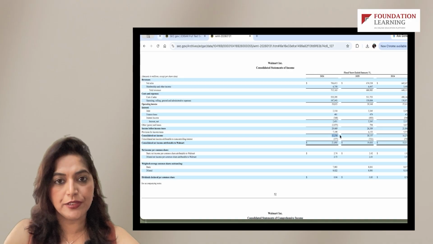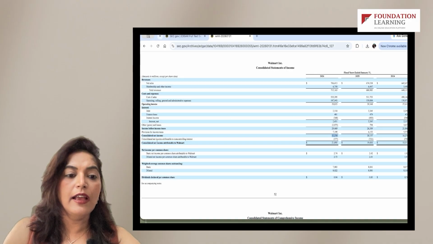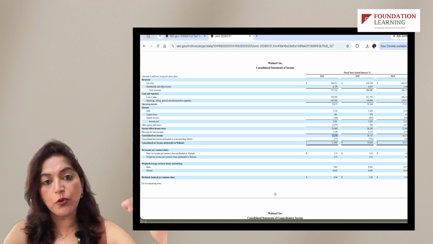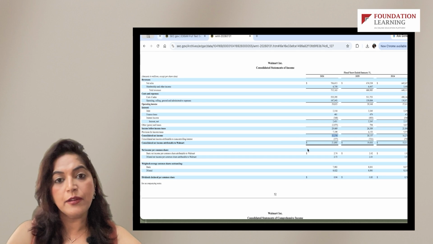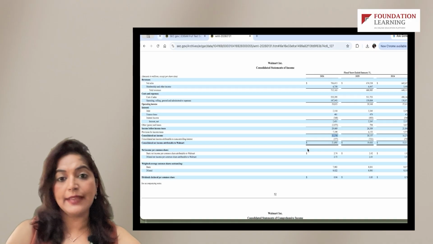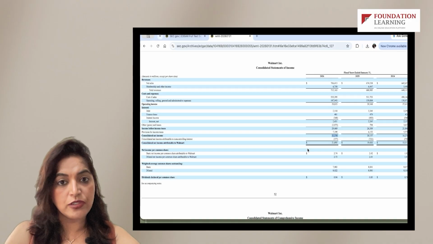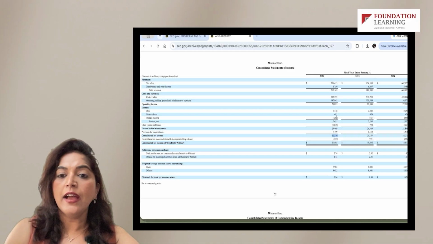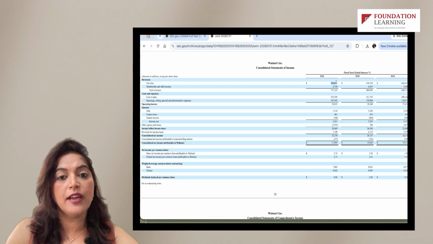$22,270 million, right? And from that, we have broken down the NCI component and the controlling interest component. So as I said, this is a parent's financials. For a parent's financials, 100% consolidation is done for revenue and all other line items.